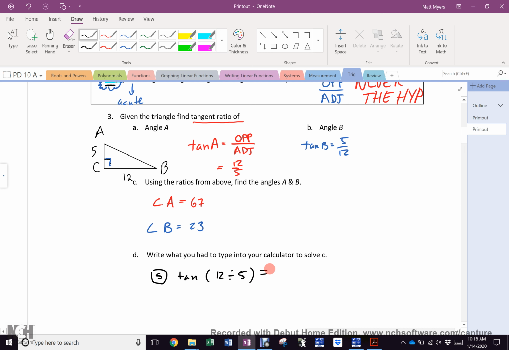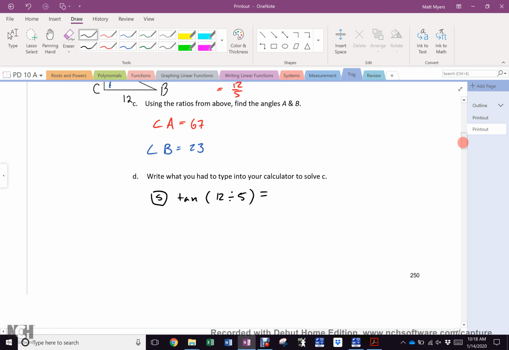Some of you may do something different. You could do 12 divided by 5, shift, tan, shift, answer. There's a lot of ways you could do it. I don't care what you do, but I want you to write down what you push there, because you're going to do it about 1,000 times. And one of the things that bothers math teachers the most is when you do a question, the next question is exactly the same thing, and you're like, oh no, now what? Everybody cool?